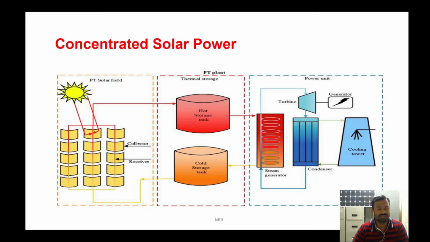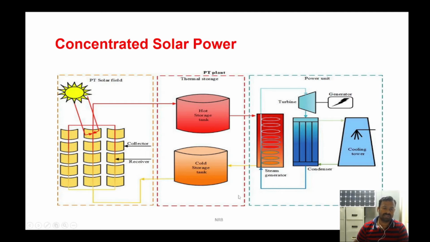how the system works. It's a pictorial view of this CSP, where I have reflectors which take the solar irradiance and reflect it over the tube which carries the heat transfer fluid, which is coming from the cold storage tank.